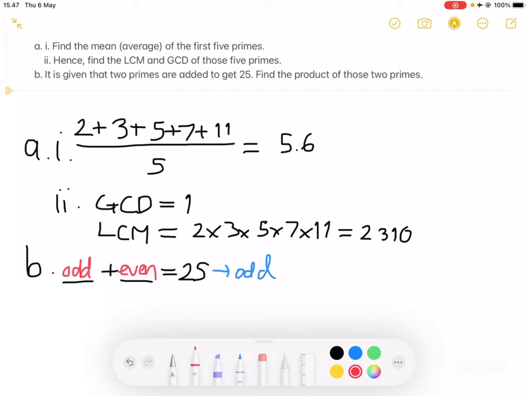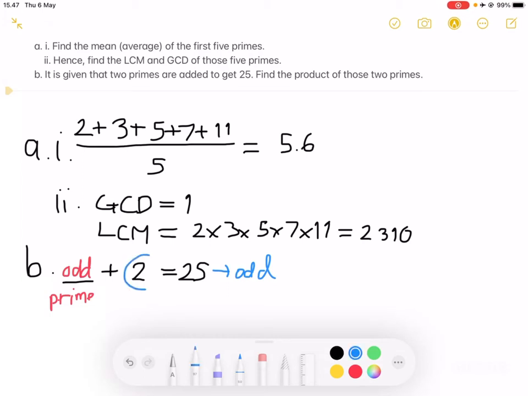But notice that since these numbers are primes, we have an odd prime plus an even prime gives 25. But the only even prime that exists is 2. You can actually check that, because any other even number would have more than 2 factors.